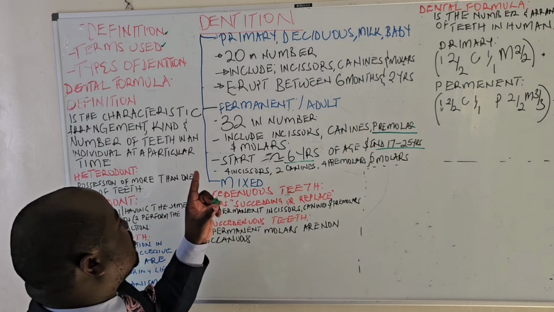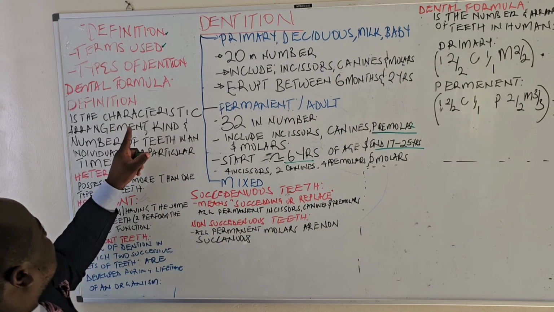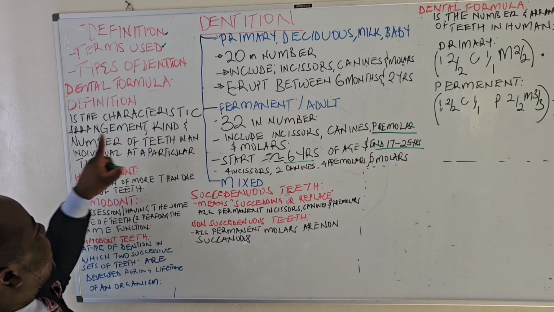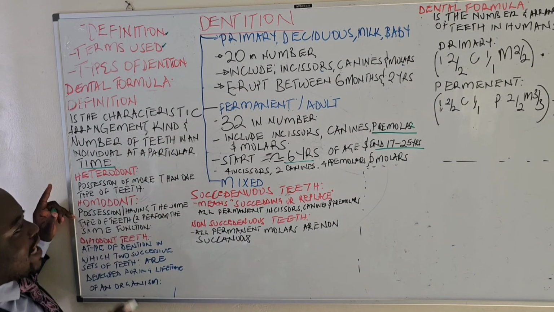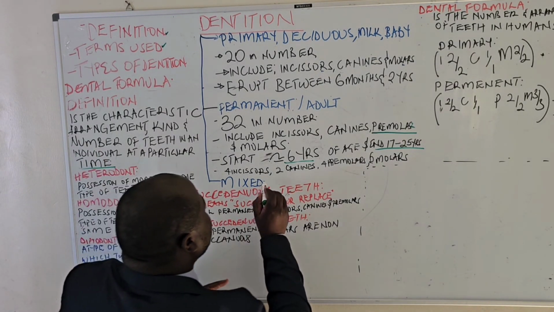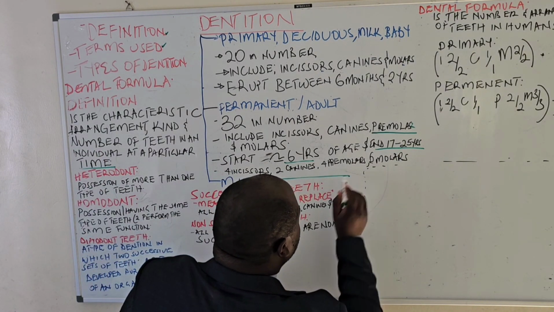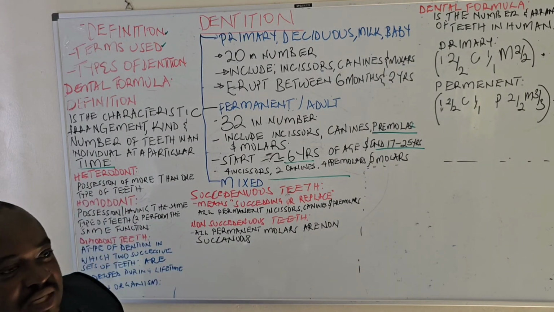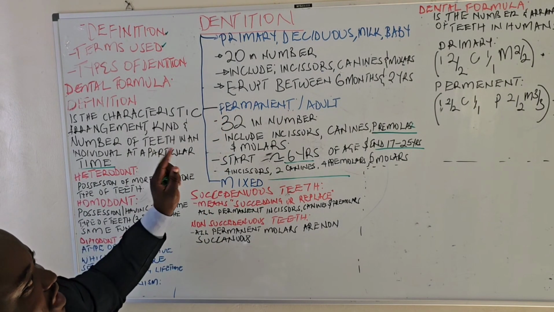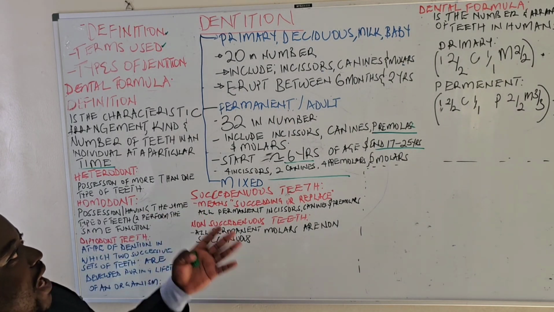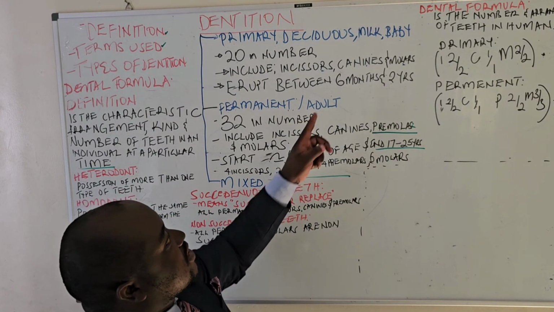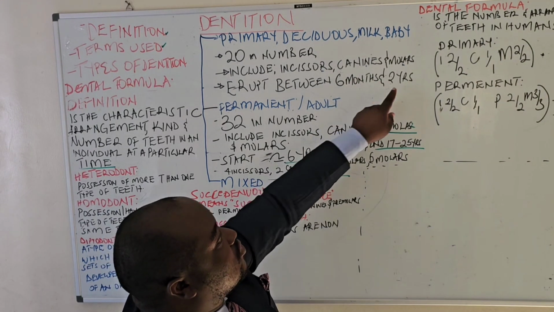Remember we said dentition, we are talking about the characteristic arrangement, kind, and number of teeth, but at a particular time. So at a particular time, we shall find that we have what we call mixed dentition. What is mixed? We shall have eruption of teeth, an individual having teeth from 6 months up to 2 years.